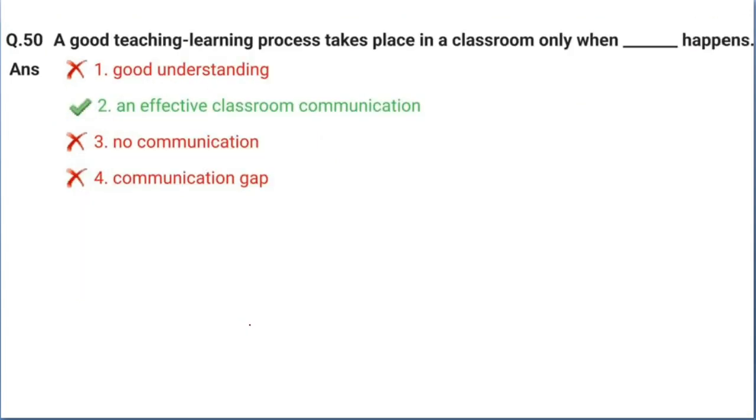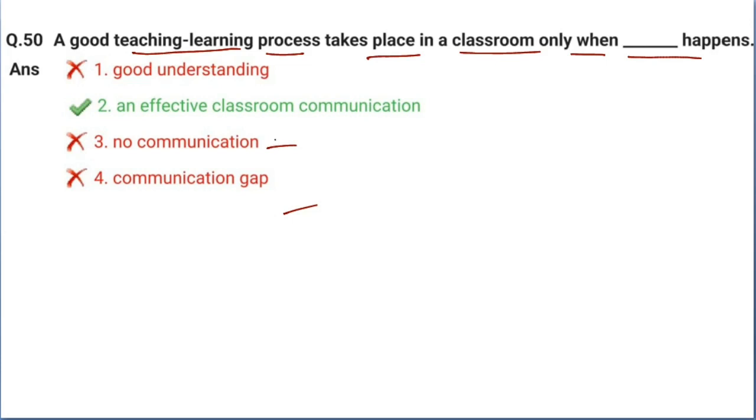Okay, now question number 50. A good teaching learning process takes place in a classroom only when what happens? Good understanding happens, effective classroom communication happens, no communication gap.